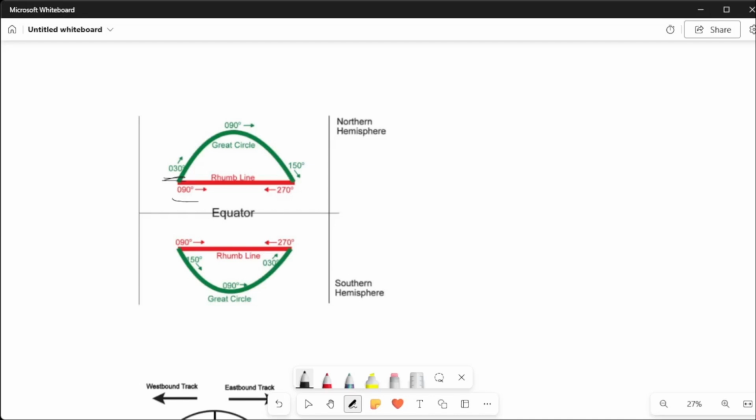In the middle, it will be parallel or equal to your rhumb line track, and towards the end it will be more than that of the initial direction.